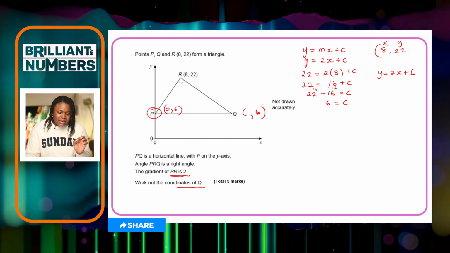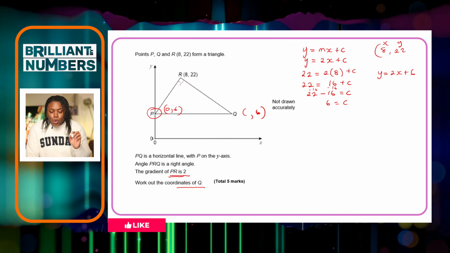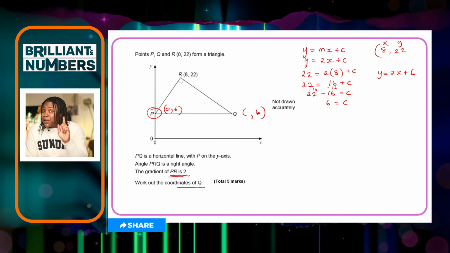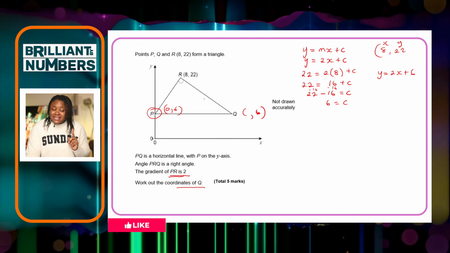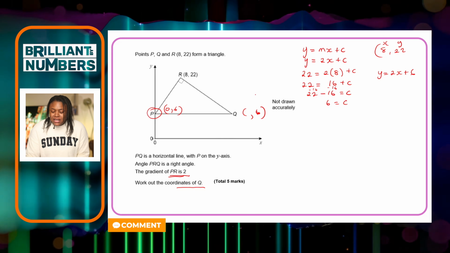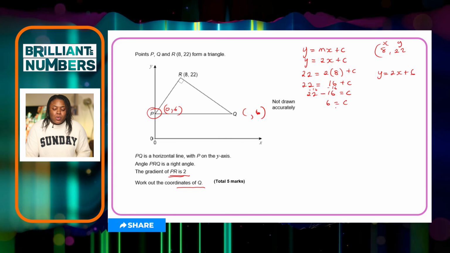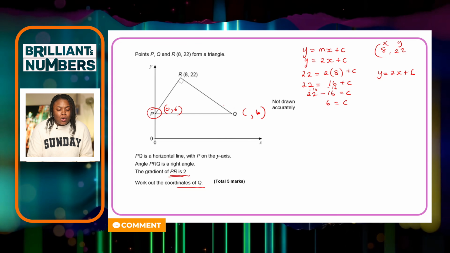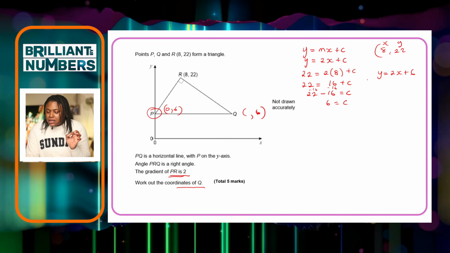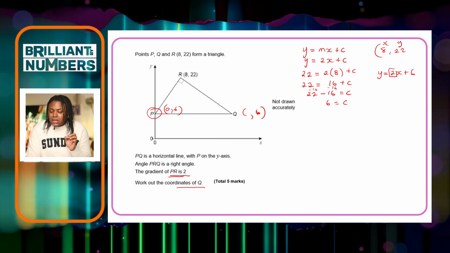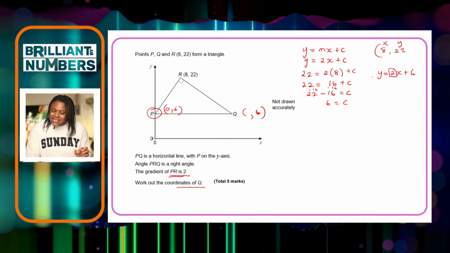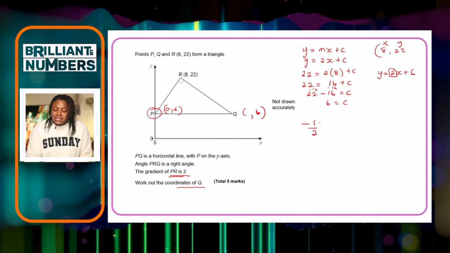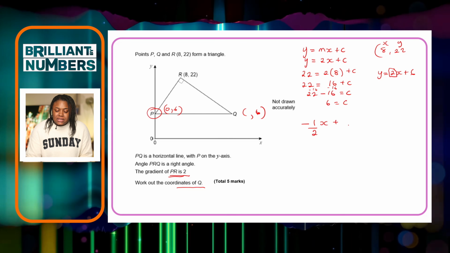But I notice this is a right angle, which means that PR and PQ are perpendicular. So I can use that to work out the equation of RQ or QR. Perpendicular: if the gradient of the first one is 2, the negative reciprocal of that would be negative a half. So y equals negative a half x plus c.